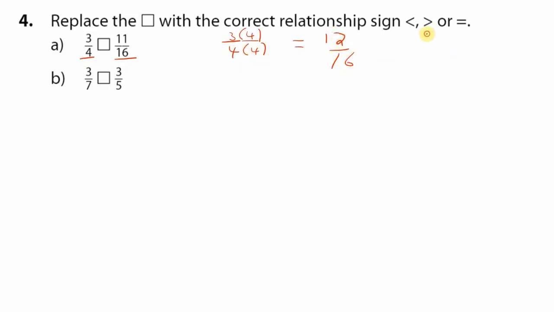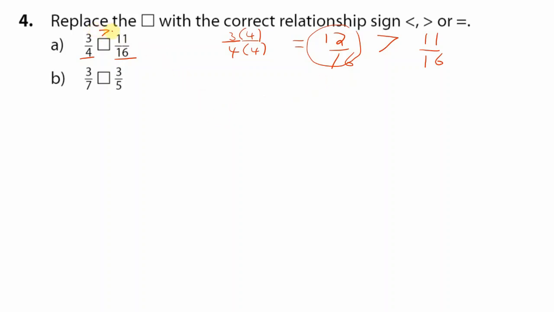So now we are comparing 12 over 16 against 11 over 16. So 12 is bigger than 11. So 12 16ths must be bigger than 11 16ths, meaning 3/4 is bigger than 11 16ths, as 3/4 and 12 16ths are equivalent fractions.